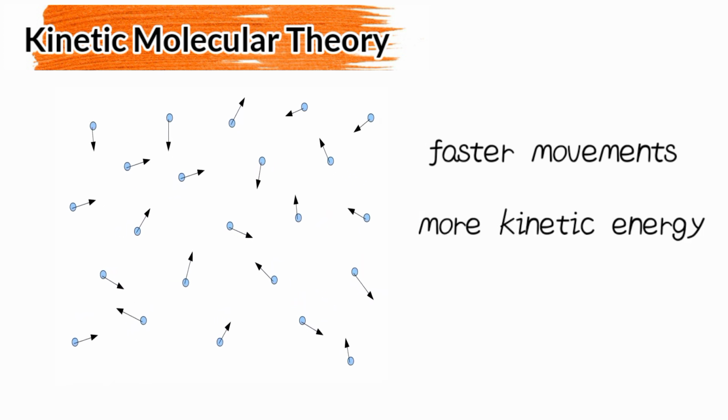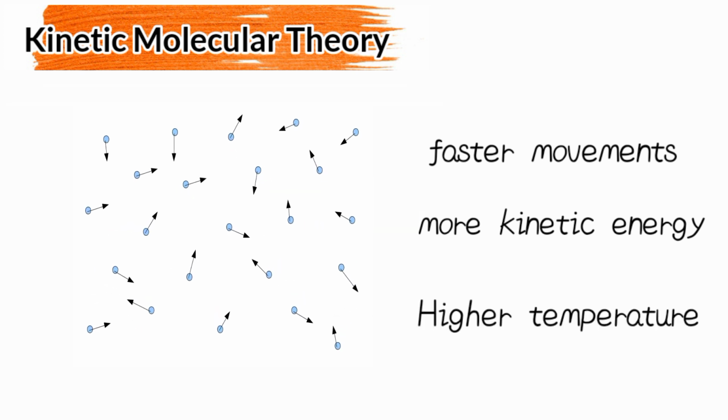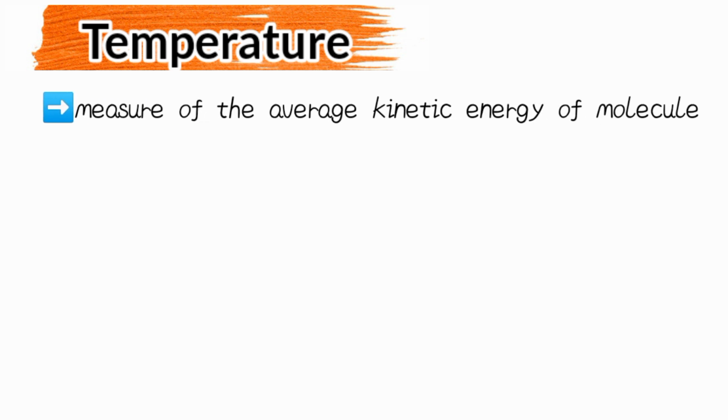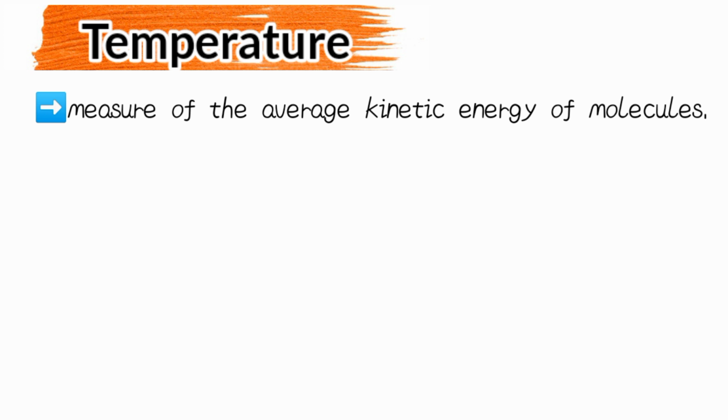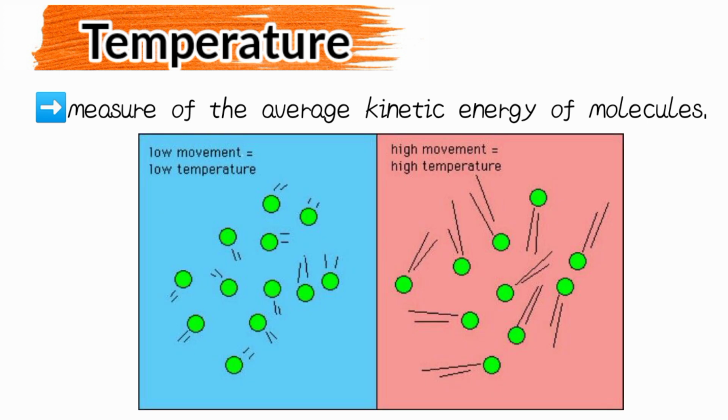The more kinetic energy, the higher is the temperature of an object. Temperature is a measure of the average kinetic energy of molecules. When molecules move faster, they have higher temperatures, while when molecules move slower, they have lower temperatures.